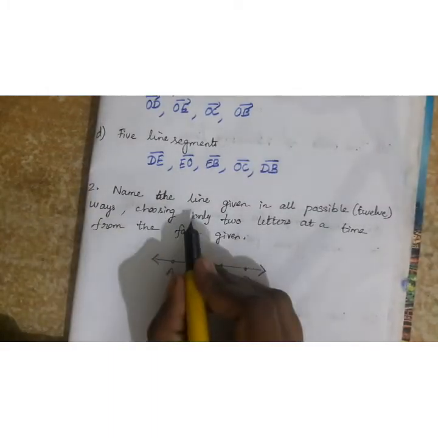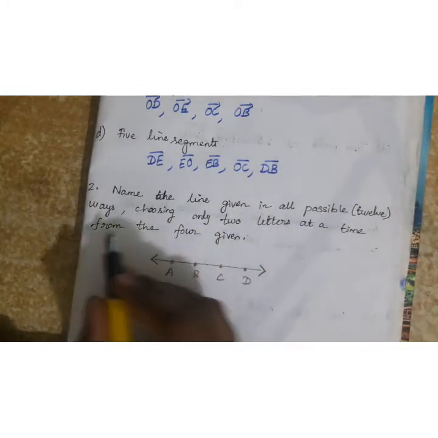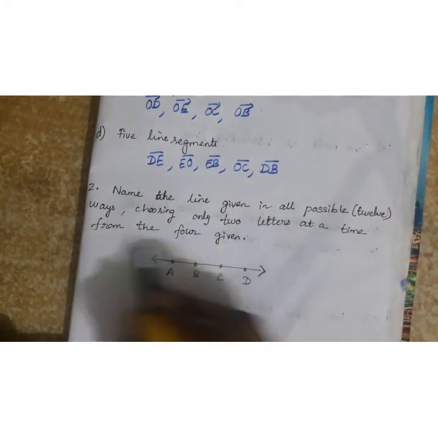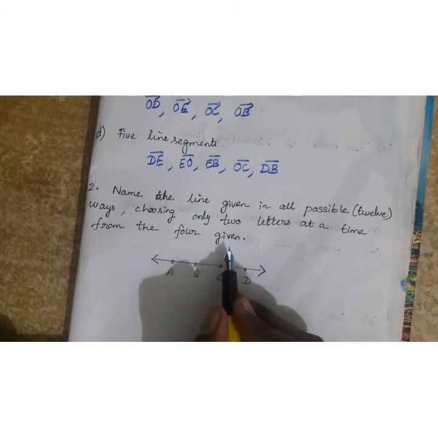Question number 2. Name the line given in all possible 12 ways, choosing only two letters at a time from the four given.